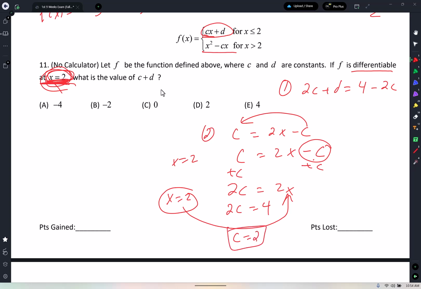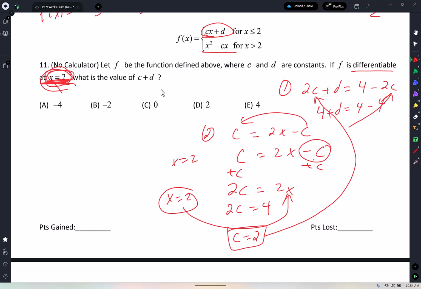Now that we know that c is 2, I'm going to plug it in right here and right here to get the d. So 2 times 2 is 4. 4 plus d equals 4 minus 4, I guess, or 2 times 2.